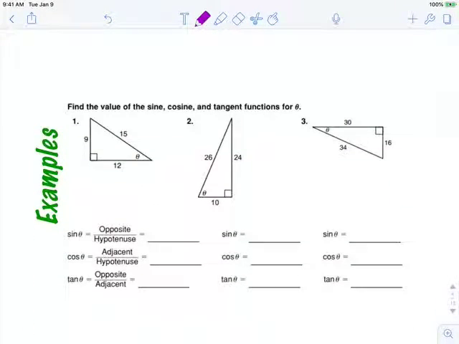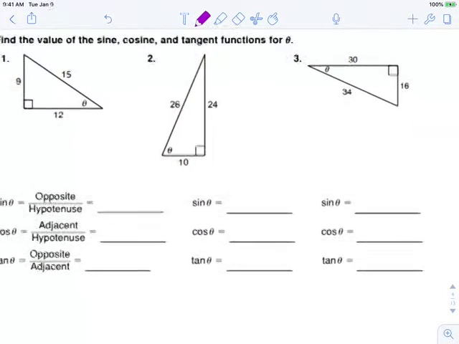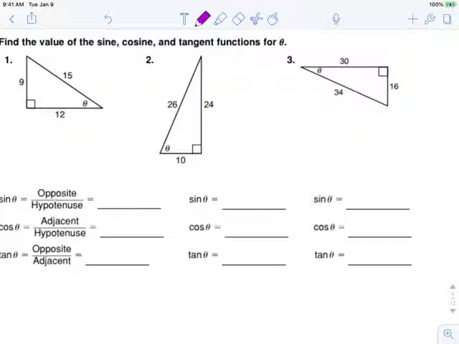And now, you practice, okay? Find me sine, cosine, and tangent for each of these triangles. I'll give you about 3 minutes to figure that out. You're just going to do what we just did. And if you want, do cosecant, secant, and cotangent as well, but you don't have to.